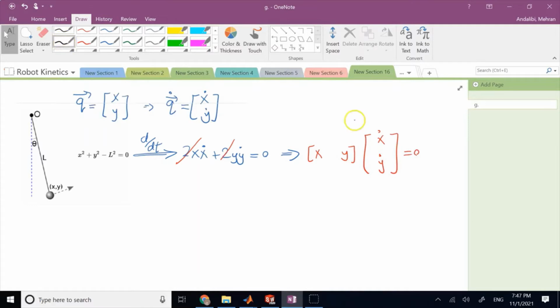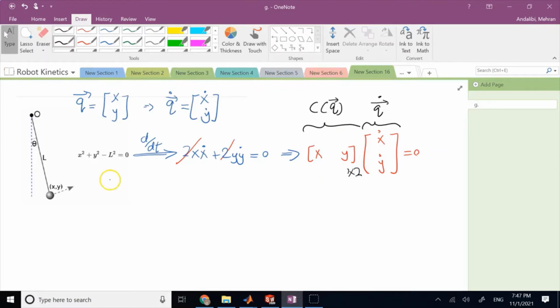Right? And this is your q dot, and this is your C of q. So clearly, you see, I could write my equation by taking a time derivative as a Pfaffian constraint. This is my C of q, and it is clearly a 1 by 2 matrix.